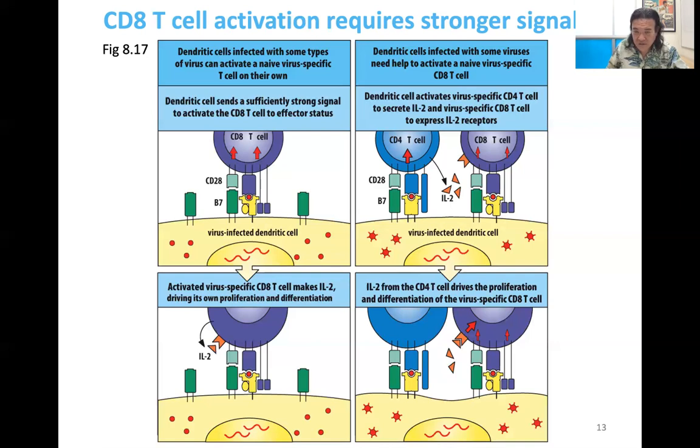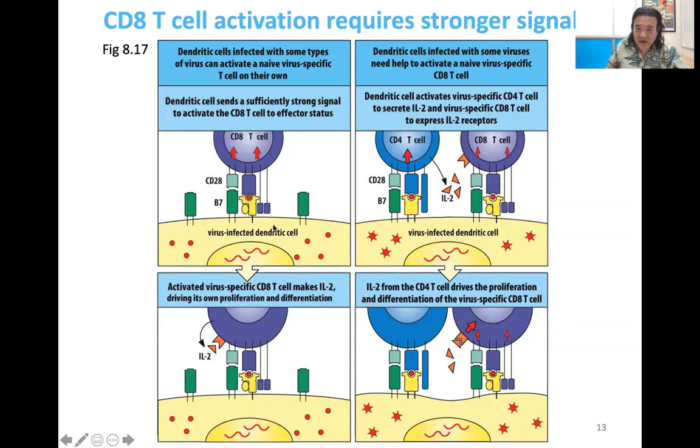So a much more conservative approach to making sure that these killer T cells really are properly recognizing something that should be of concern. On the left are some instances where, depending on what kind of virus is actually infecting the cells, just detecting the virus-infected cell is enough to activate the CD8 cell.